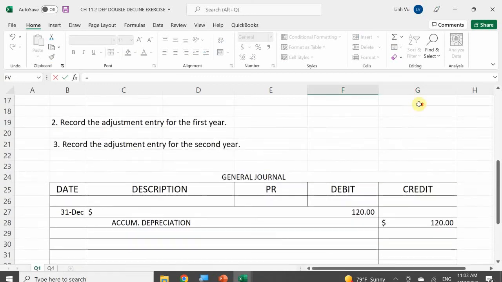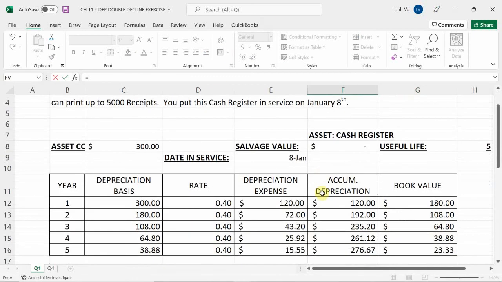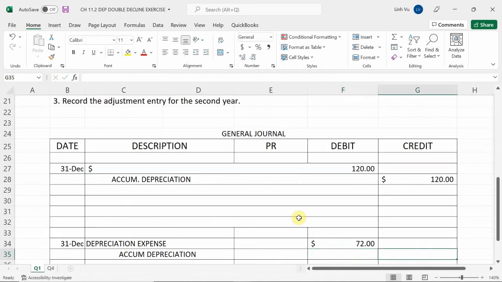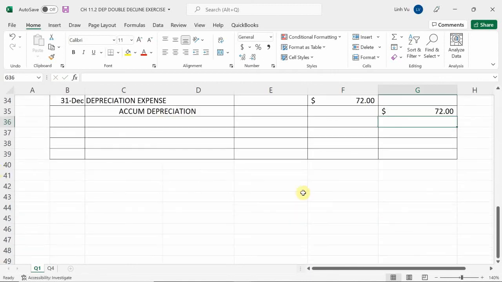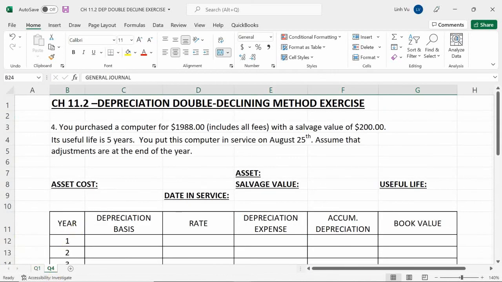For 72. Good. Okay. All right. See, it's getting easier, right? Okay, so let's go ahead and do this last one right here.